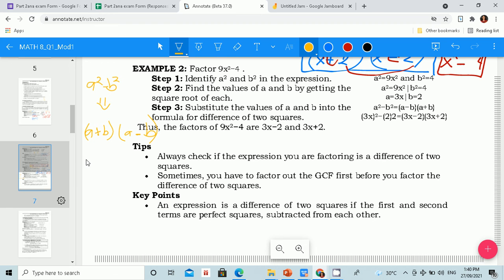Okay, so this is our general formula. Himuon na to siya, inani class. So, this one, 9x squared minus 4.